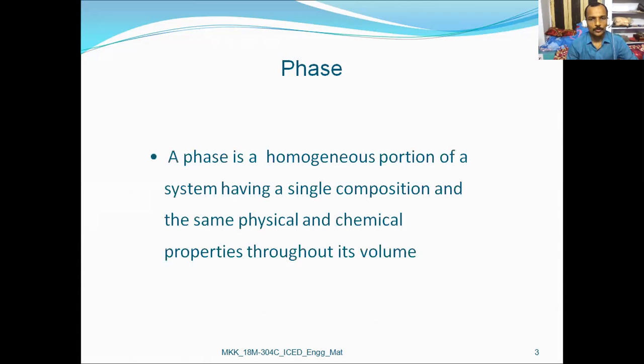A phase is a homogeneous mixture or a homogeneous portion of a system having a single composition and the same physical and chemical properties throughout its volume. Means, throughout the system having a single composition, it should have the same physical and chemical properties throughout its volume.